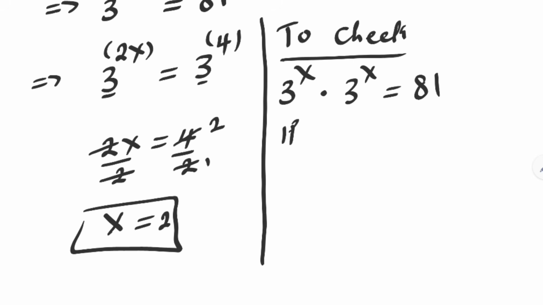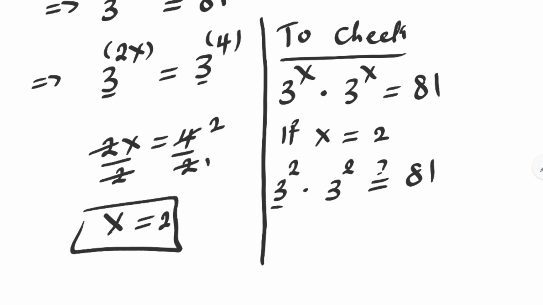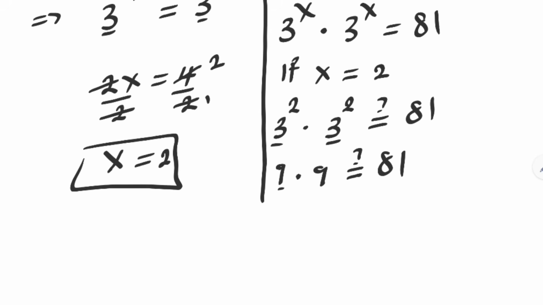If x is equal to 2, then we have 3 square multiplied by 3 square must be equal to 81. 3 square here, this is 9, multiplied by 3 square here, 9, must be equal to 81. 9 times 9, that is 81, is equal to 81, which is true.